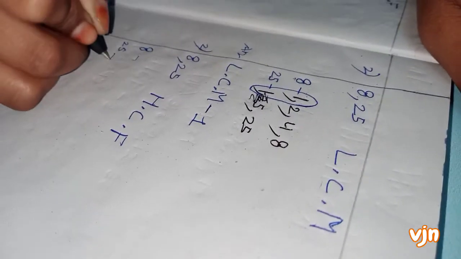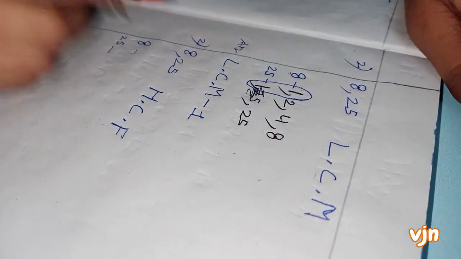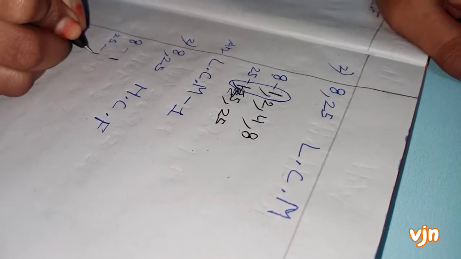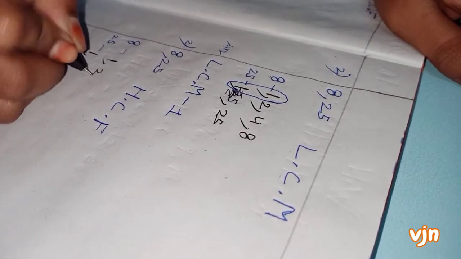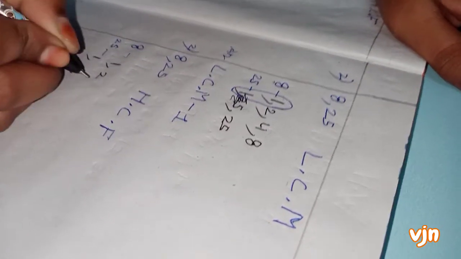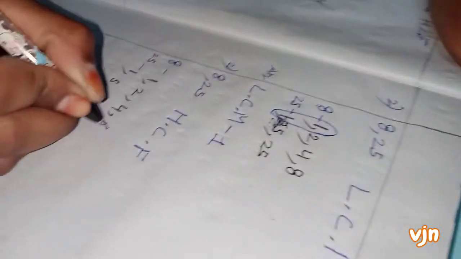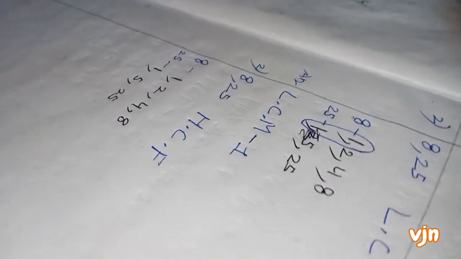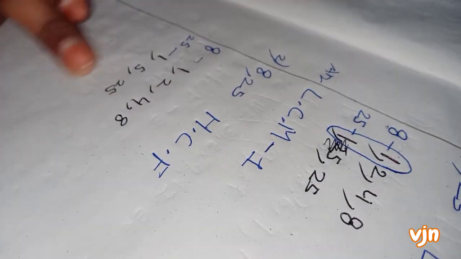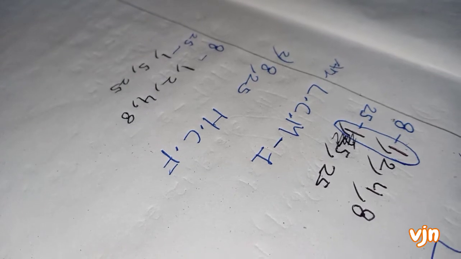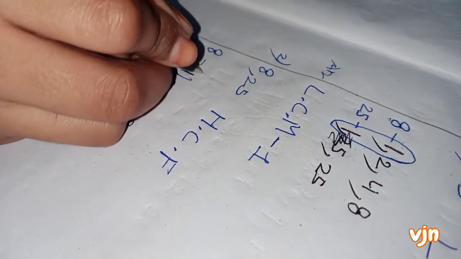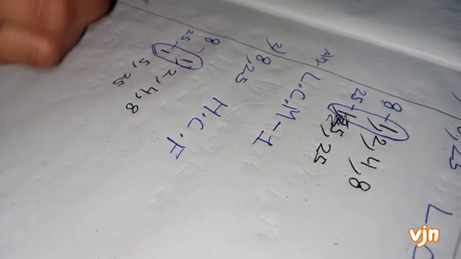So let's start. Now we are going to do the same factors. We are going to copy just the factors over here. 1, 2, 5, 4, 8 and 25. But also there's another twist here, which is we don't have any other number matching in these two, which means the 1 is the common factor once again, and the HCF also is 1.